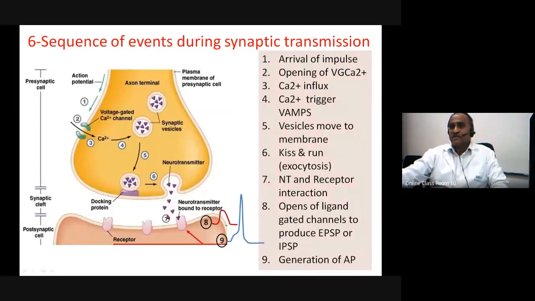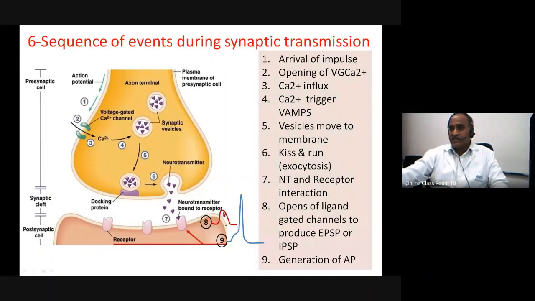Then the transmitter thus released in the synaptic cleft gets attached to the neurotransmitter receptor, and the attachment brings about ion changes, or the opening of the ion channels. The opening of the ion channels leads to either depolarization or hyperpolarization. Depolarization is known as EPSP, excitatory postsynaptic potential, and hyperpolarization is IPSP.